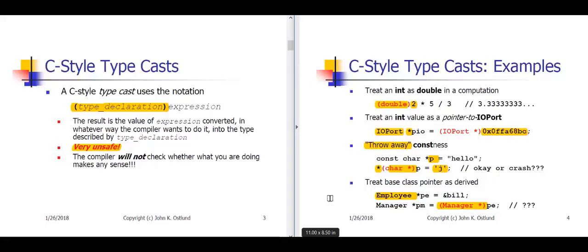If Bill is actually a manager, then I am allowed to take the address of Bill and store that pointer to manager into a pointer to employee variable. And I would also be able to take that pointer to employee and convert that into a pointer to manager, and everything would be fine.